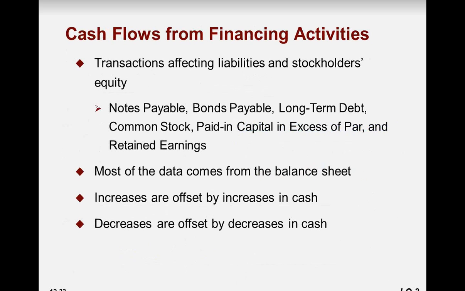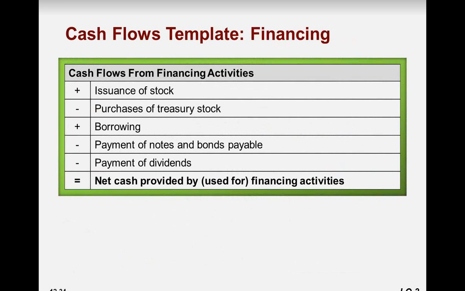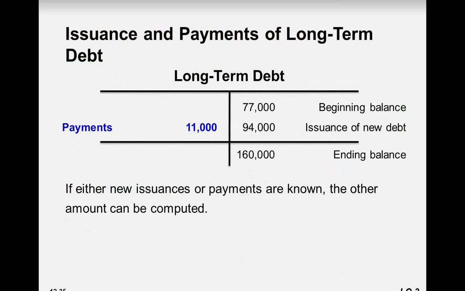Okay. And then our cash flow from the stock: if we issued stock, we get more. If we bought treasury stock, we have less. Long-term debt, if I make a payment on my long-term debt, that takes cash, right? I would debit my long-term debt, credit my cash, have less cash.